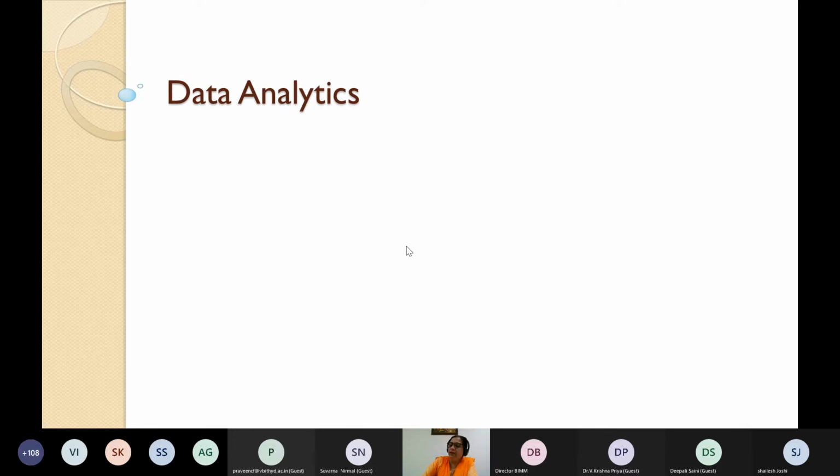See, when you are bringing a variable into the analysis, it's going to bring in some impact. For example, let's say you take a glass of plain milk. You add some sugar to it, you mix it.